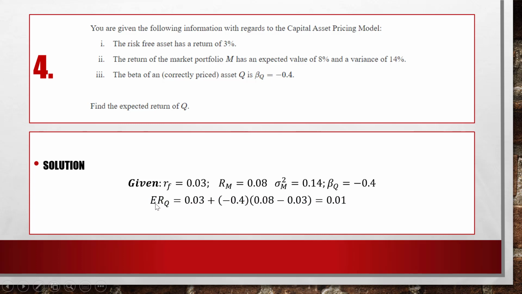We get the expected rate of return of Q is equal to the risk-free rate plus beta of Q times RM minus the risk-free rate. So this equals 0.03 plus negative 0.4 times 0.08 minus 0.03, and the final answer is 0.01, which is 1%.